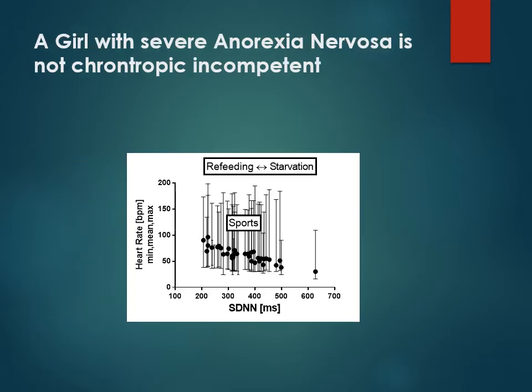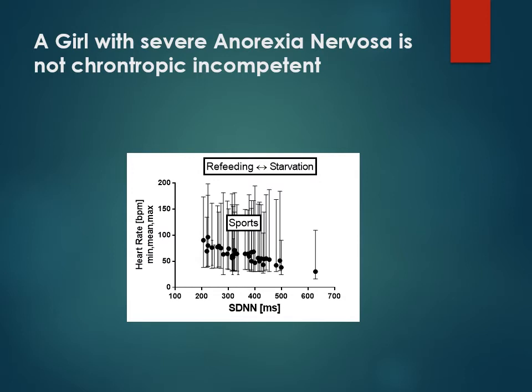obese children. This slide shows the impact of nutrition on heart rate and heart rate variability in a girl with severe anorexia nervosa who received 30 heart rate disease with a long process of therapy within 4 years.